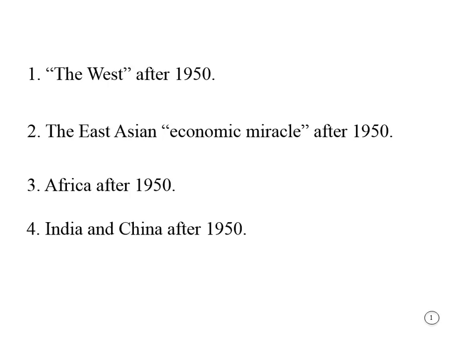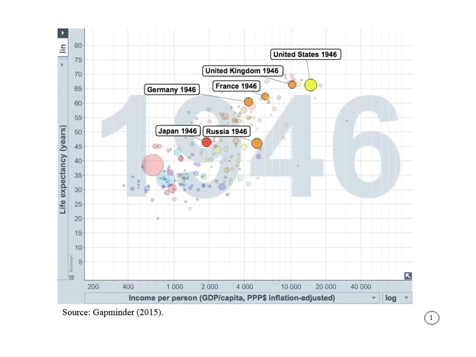Is Africa that miserable? Is Africa a rising star? Does it make sense to talk about Africa as a country, the way we see it in Starbucks? And finally, the dominant story of your lifetime, India and China. So let's begin with the West after 1950.